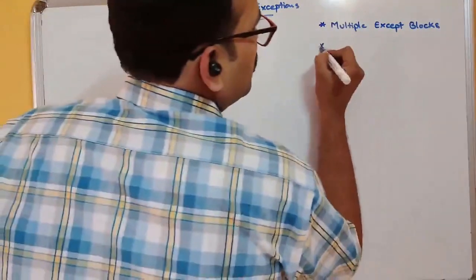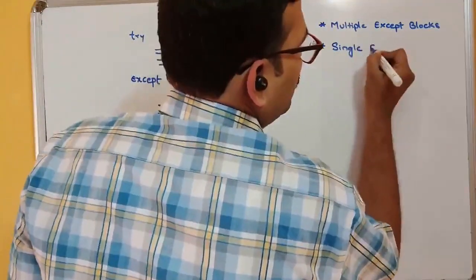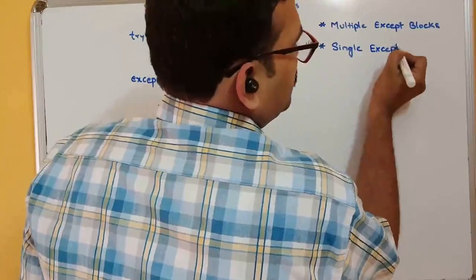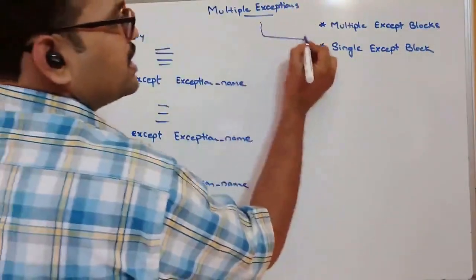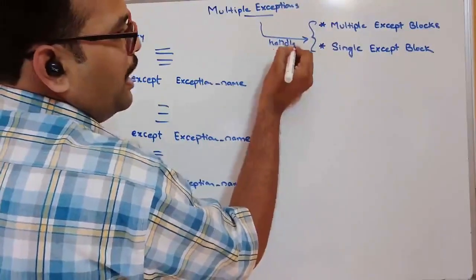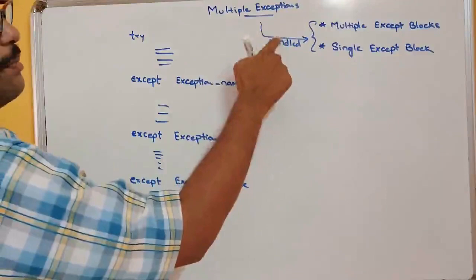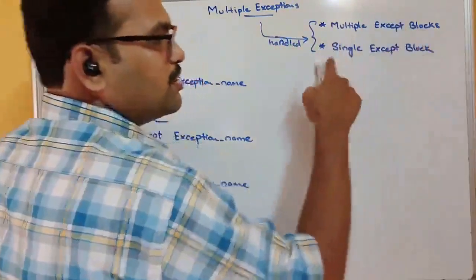So by using a single except block also we can handle the exceptions. You can handle these exceptions in different ways: multiple except blocks, or a single except block.